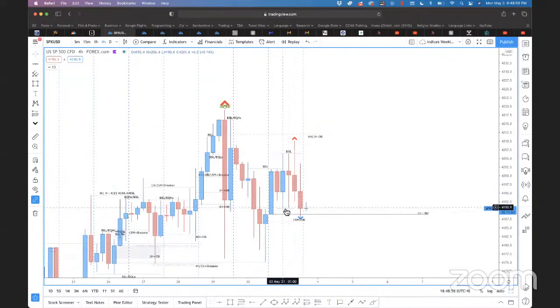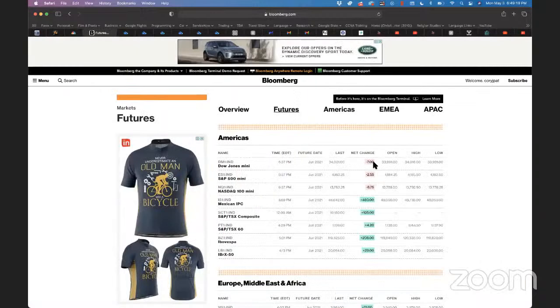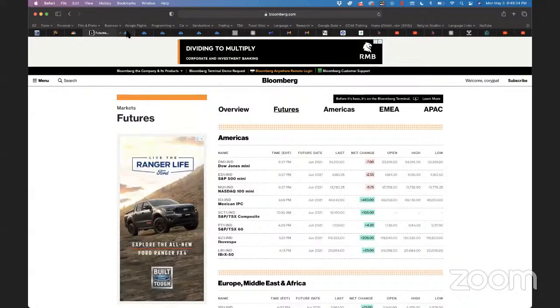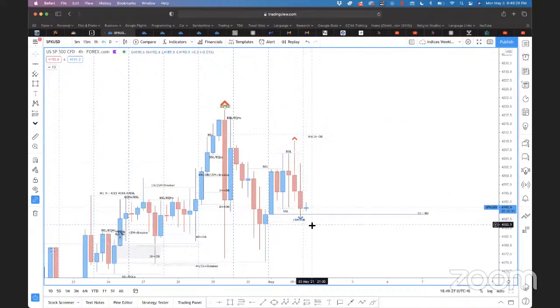So we're near liquidity right here, equal lows, near a little 15-minute order block. Your thought process should be: I'm near an area where it's already bought one time. If I look at the futures and these numbers start to go positive or less negative, the likelihood is that this rejects this and continues to push up.